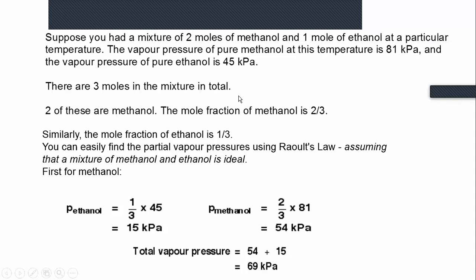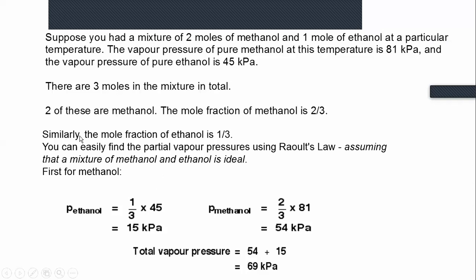Maybe we are asked to calculate the total vapor pressure. One component has 2 moles, the other has 1 mole, so the total number of moles is 3.